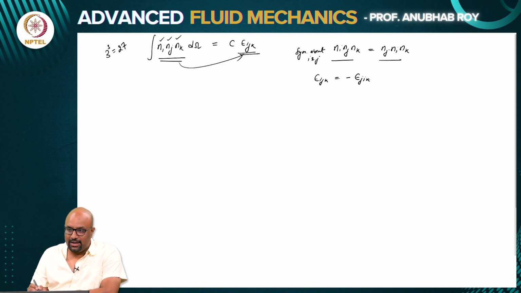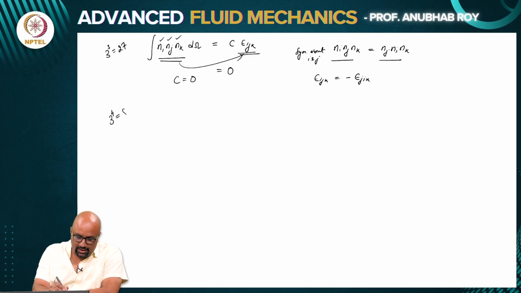This is an antisymmetric tensor, which means that if the left hand side is symmetric about the indices i and j, and the right hand side is antisymmetric about i and j, the only way you can reconcile this is if the constant is 0, which means this entire integral turns out to be 0. So, without doing any trigonometric integration, you have used the property of symmetry or antisymmetry and isotropy, and you have managed to do this integration.